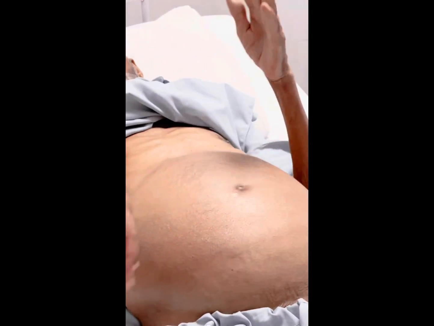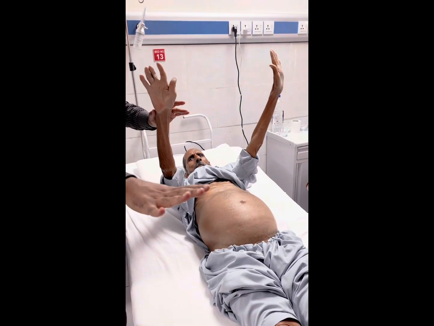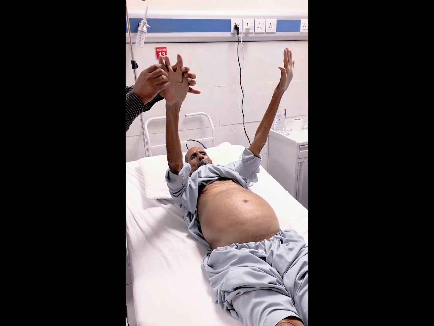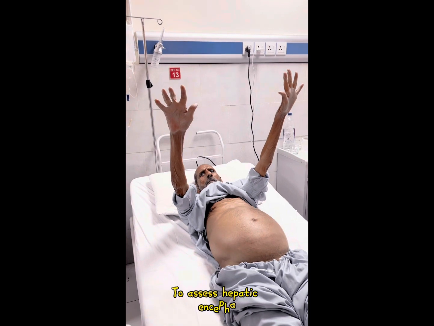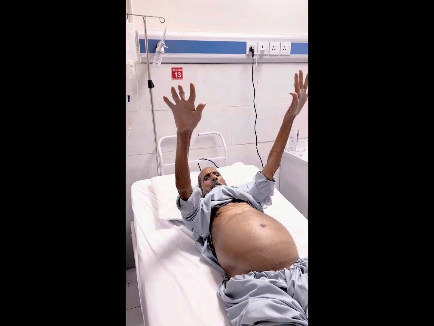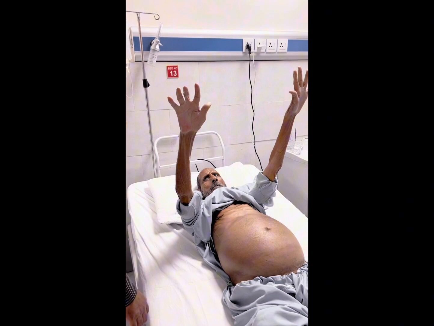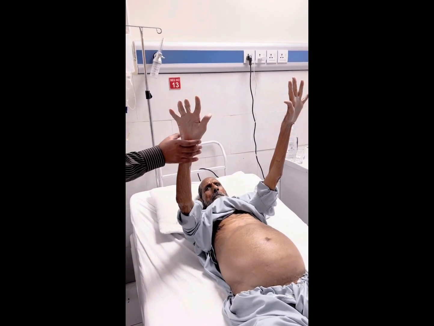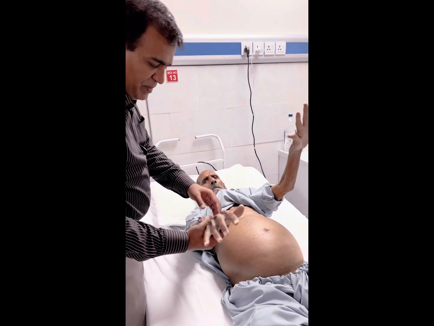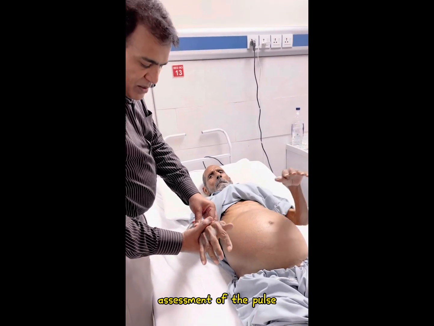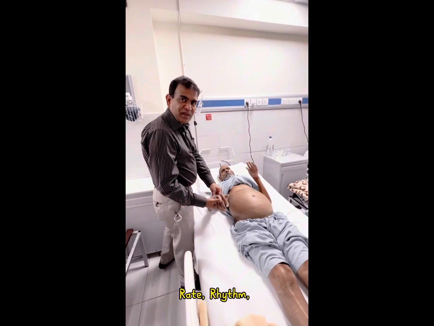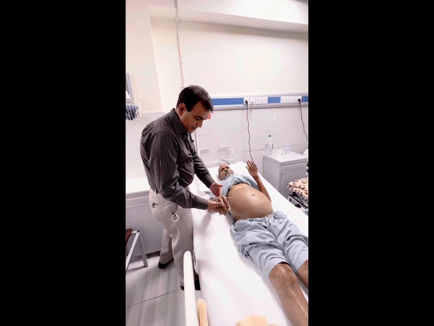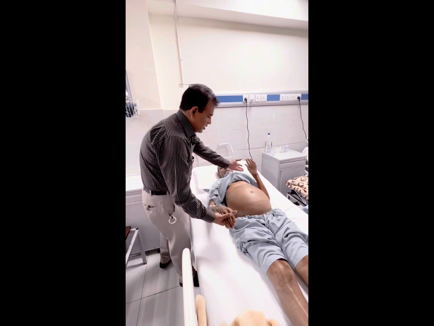Then we assess the tremors, hepatic tremors, associated with the liver disease, which indicate the patient is in hepatic encephalopathy grade 2. Then assessment of the pulse, the rate, rhythm, and character and the vessel wall of a patient.